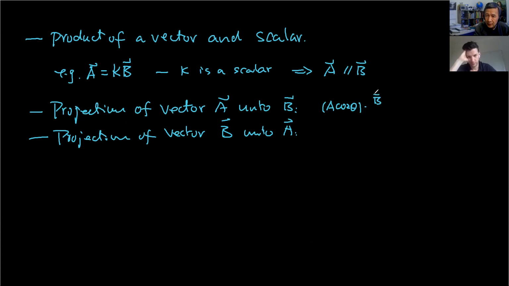That's B divided by the B magnitude. So would this be B cosine theta? Yeah, that's B cosine theta, and A amplitude. So that is the only difference. The direction is different. If we know what the projection is, then we can just define the dot product.